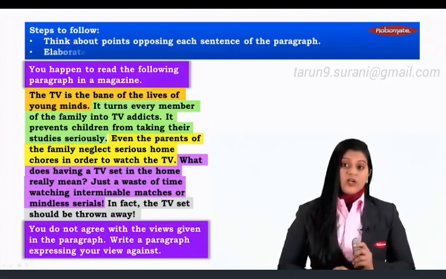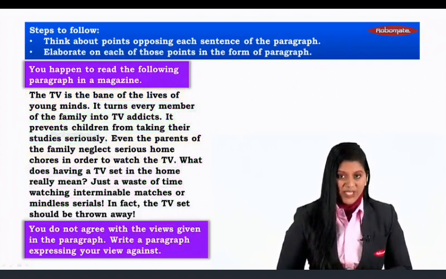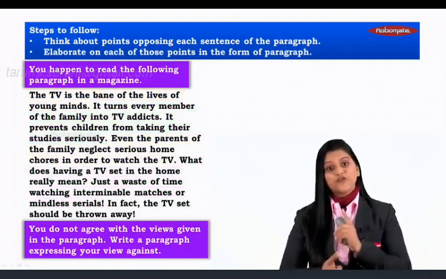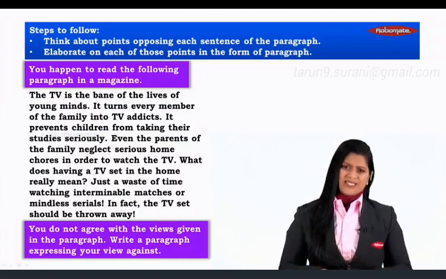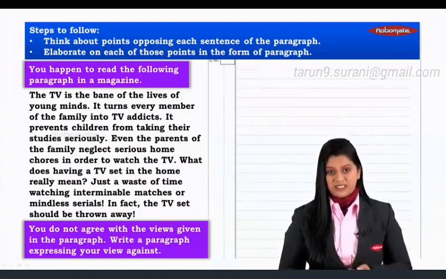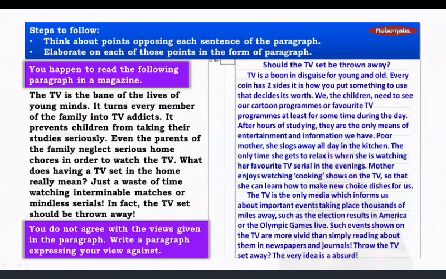Now, look at step number 2. Elaborate on each of those points in the form of a paragraph. Now, what does that mean? It's as simple as this. I have already one counter view written. Let's see how it was developed. Now the first point in the question, that is the first sentence of the paragraph, is: TV is the bane of the lives of young minds.